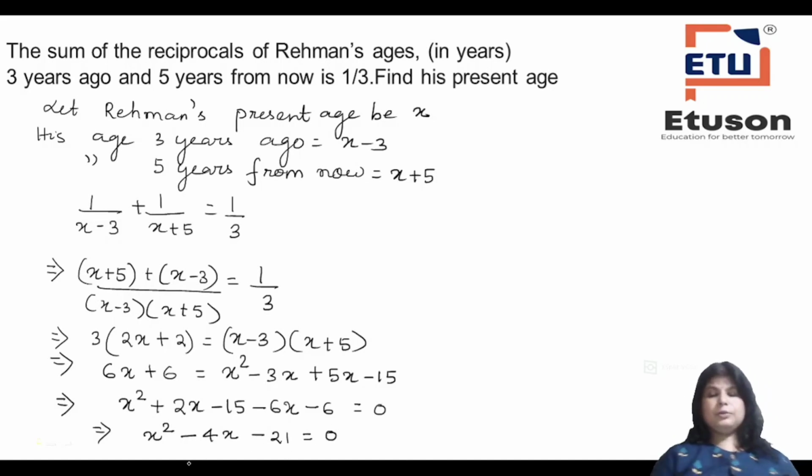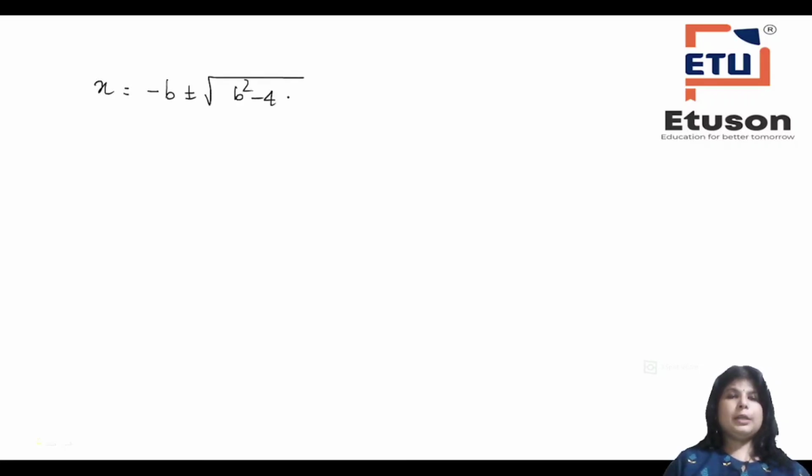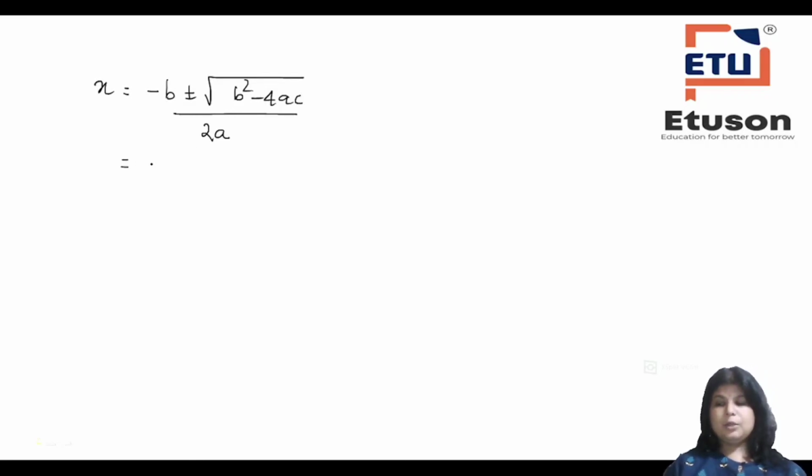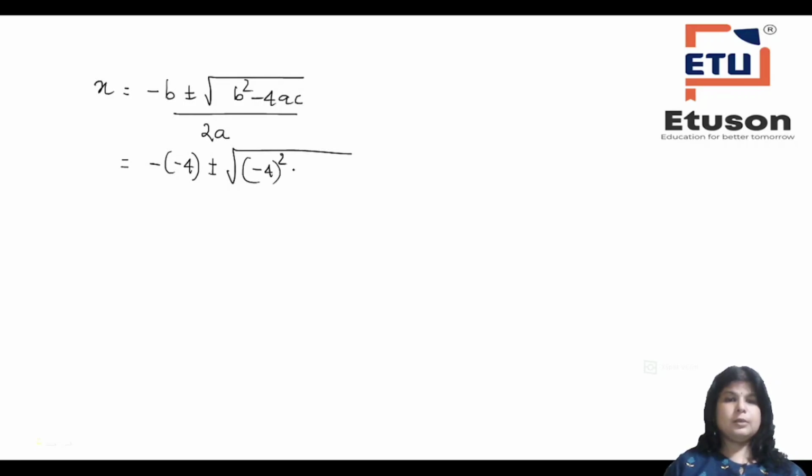Okay, so now you have to solve this equation. You can use the quadratic formula. So let us use the quadratic formula to find the solution to this equation, that is minus b plus or minus square root of b square minus 4ac, divided by 2a. So minus b, what is minus b here? Minus of minus 4. Correct? Plus or minus square root of minus 4 whole square minus 4 into, what was our a?